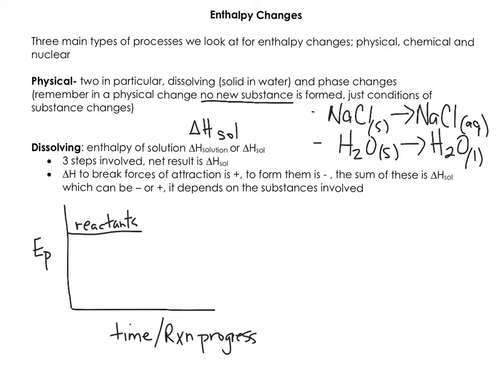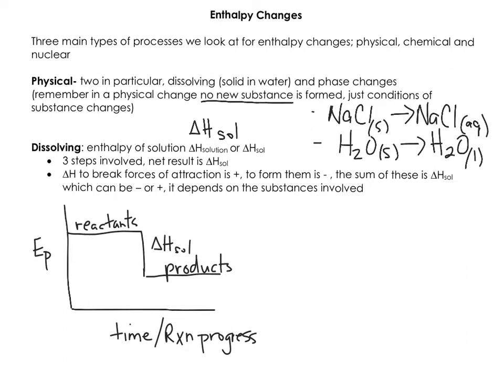If the reaction is exothermic, you will have less stored energy in your products. And that is because energy was released to the surroundings. So the difference in height between your reactants and your products for both endo and exo is the change in enthalpy for your reaction.